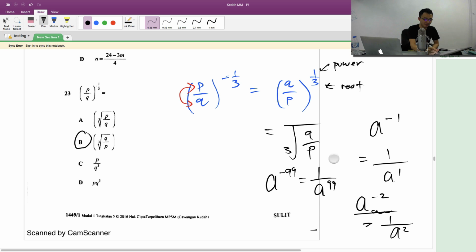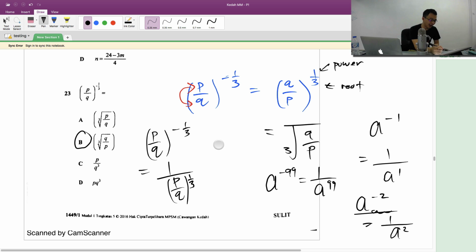Negative means 1 over. So if P over Q to the power of negative 1 over 3, I solve the negative first: it's 1 over P over Q to the power of 1 over 3. Divide changes to multiply, so you get 1 divided by P over Q, and changing to multiply, it becomes Q over P to the power of 1 over 3. So therefore you actually get Q over P.